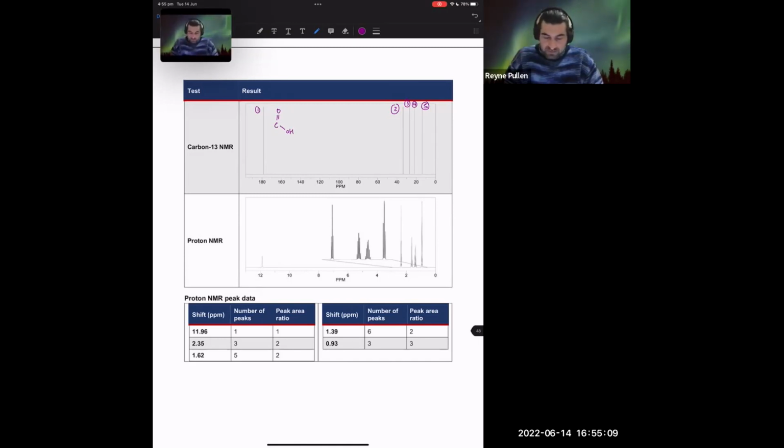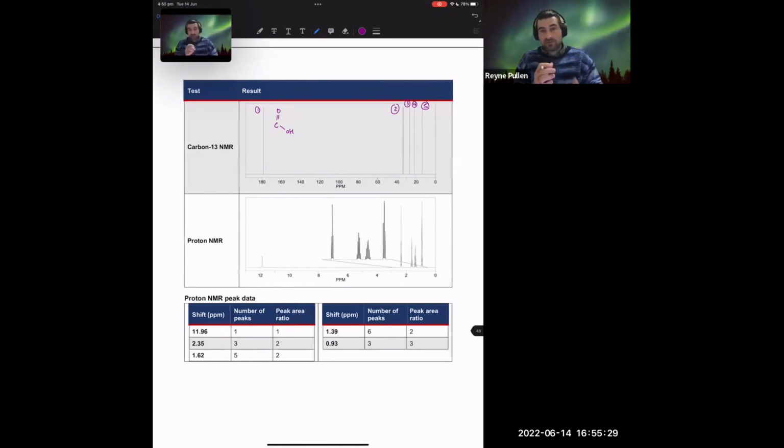When we look at peaks 2 through 5, we can almost see they're gradually moving closer and closer to a lower ppm. This suggests that we are likely looking at a straight chain of carbons.